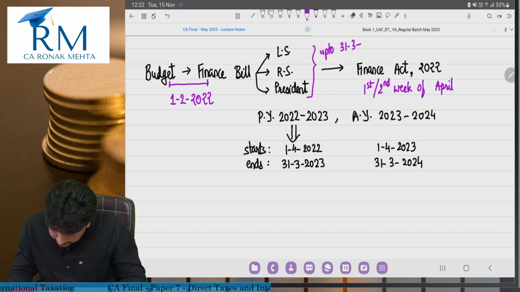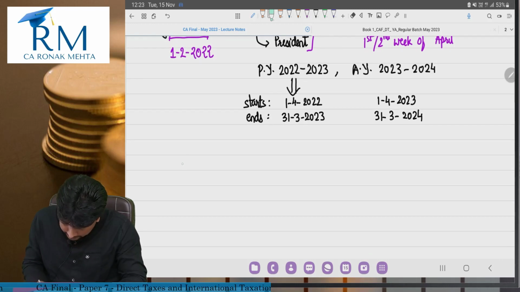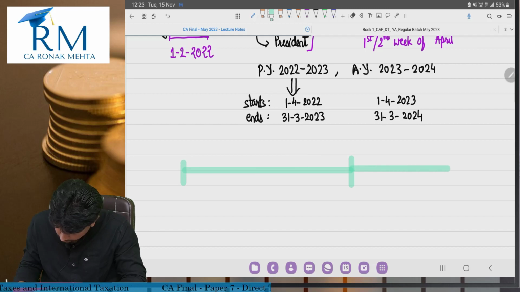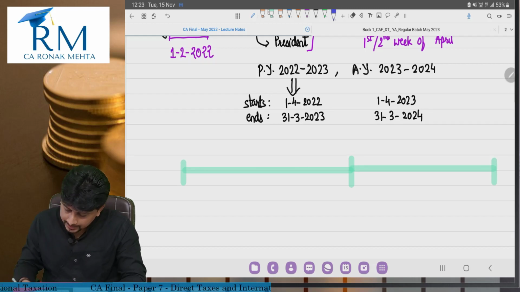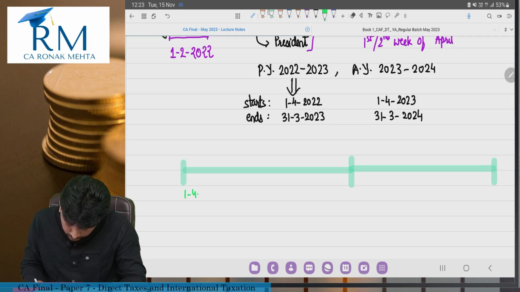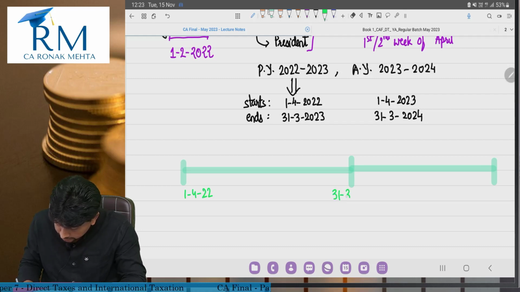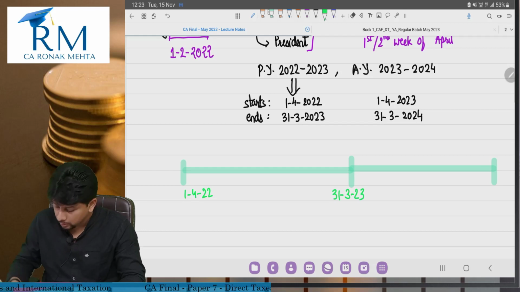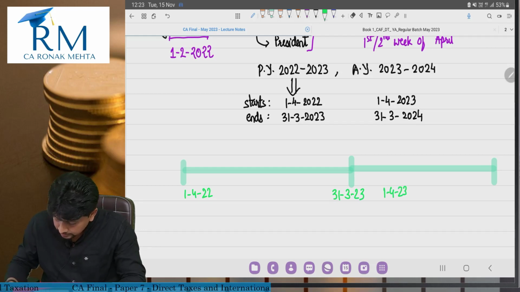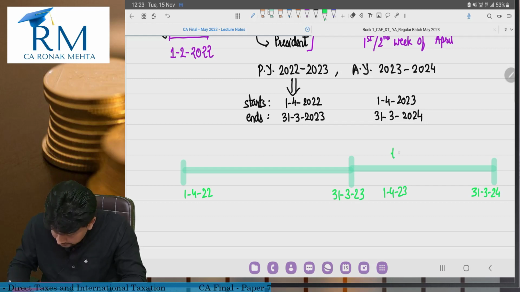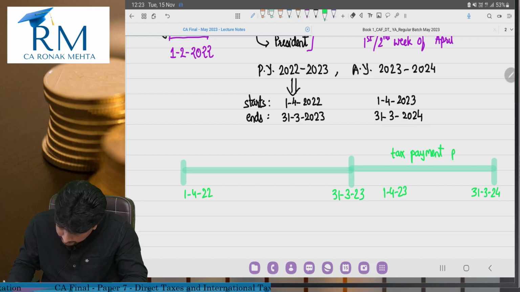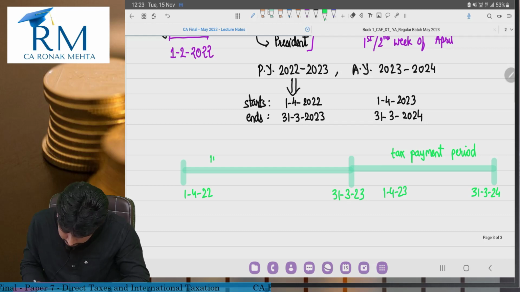I am earning income from 1st April 22 to 31st March 23, on which I am supposed to pay tax between 1st April 23 and 31st March 24. This is the tax payment period. This is the income earning period.